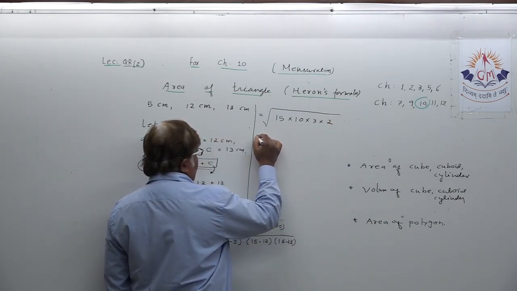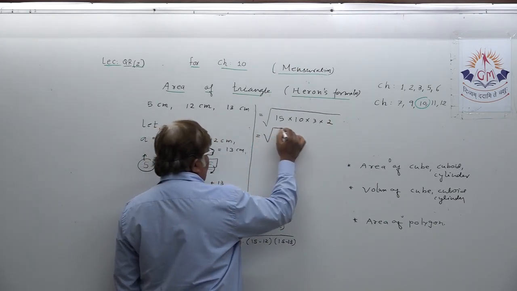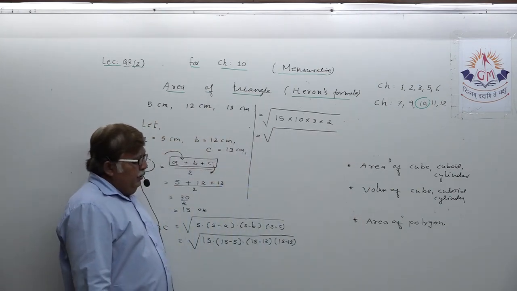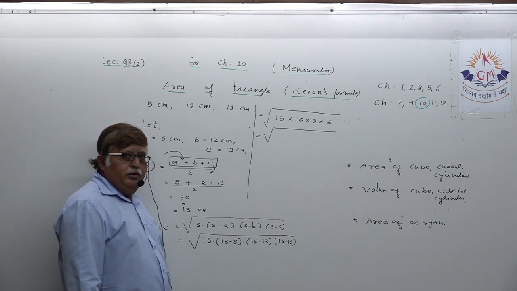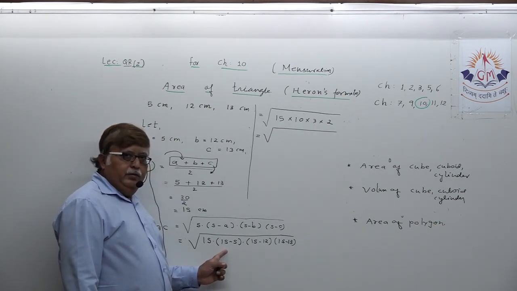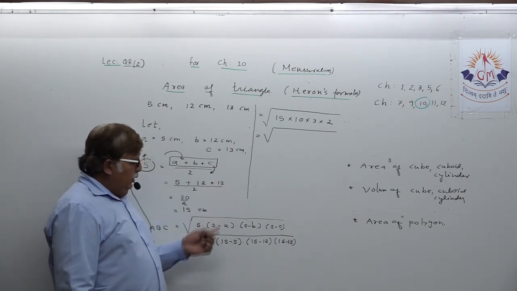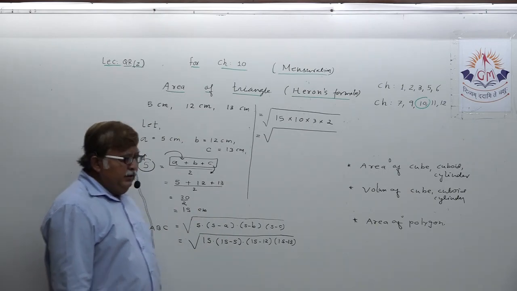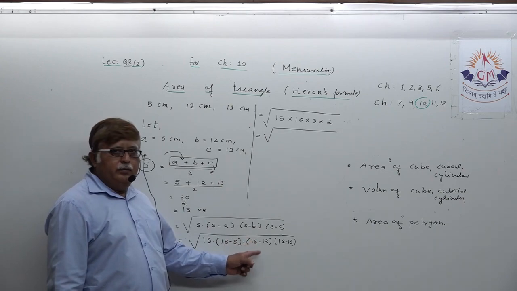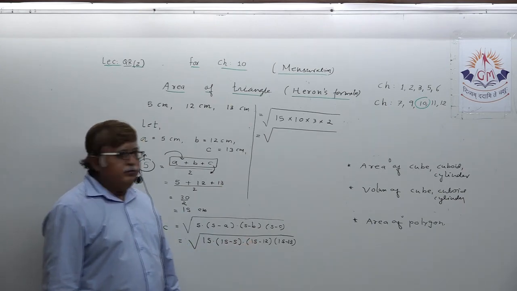Now dear student, after doing this, if you can remember what has been explained to you in solving such type of example, you have already substituted the values S, S minus A, S minus B, S minus C: 15, 15 minus 5, 15 minus 12, 15 minus 13.